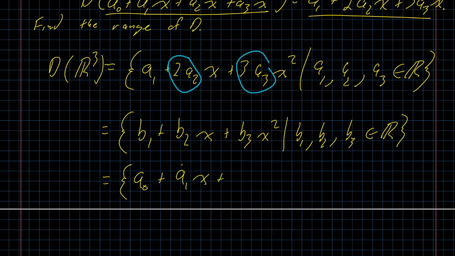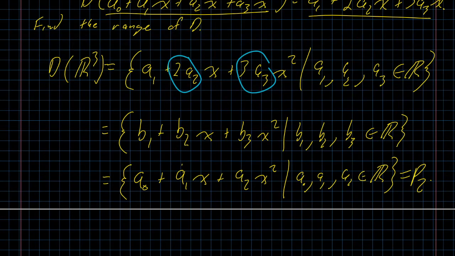And if I let a2 be equal to b3, this is a2x squared. And I probably didn't have to make that last step to notice at this point that I'm looking at the set of all second degree polynomials. So the codomain in this case is the range, or the range is the entire codomain, which can and will happen, but doesn't always happen.